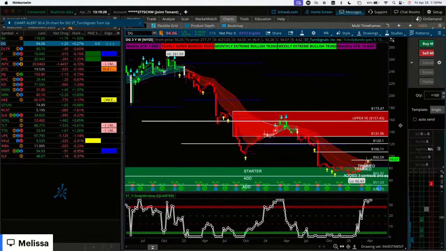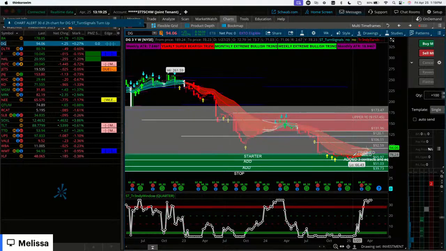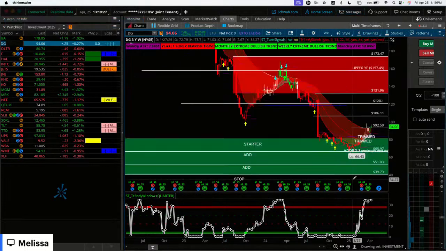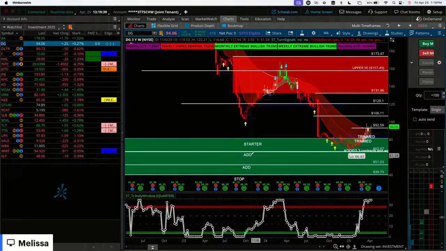Right here is Dollar General. With Dollar General, I was able to purchase some LEAPs and equity. I purchased equity first at $80.50 per share.